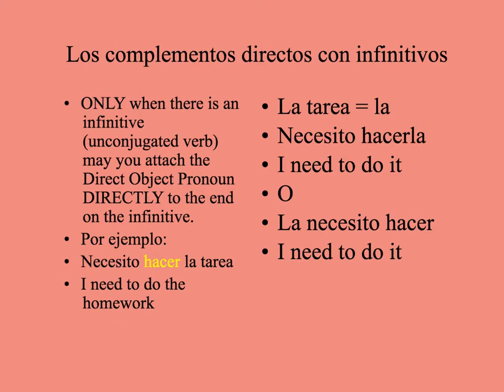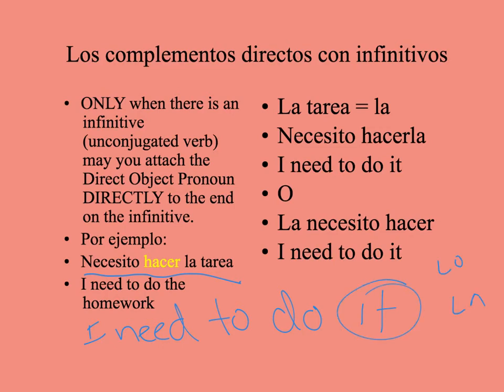So if you have the sentence, necesito hacer la tarea, I need to do the homework, right? You're going to say, I need to do it. My it can either be lo, right, or it can be la. Well, the fact that I'm referring to la tarea is going to make me pick la, okay? So that's where I'm getting the la from.